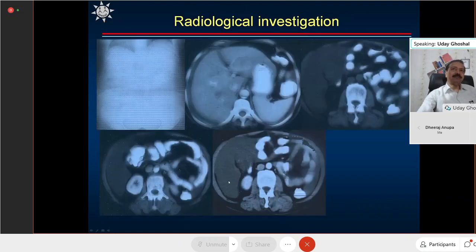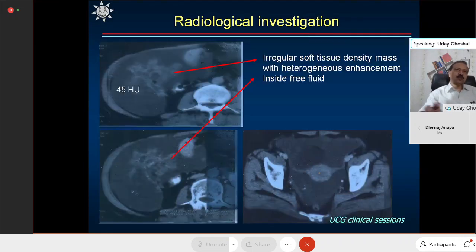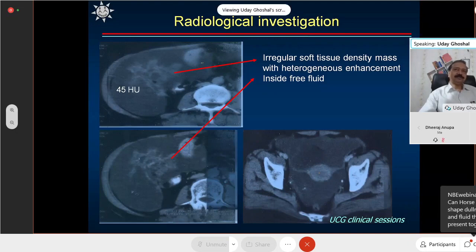This is the ileum, that is large parts of the intestine. This is barium enema. This is the CT scan of abdomen. Now somebody wants to give the diagnosis. Anybody wants to give the diagnosis now?